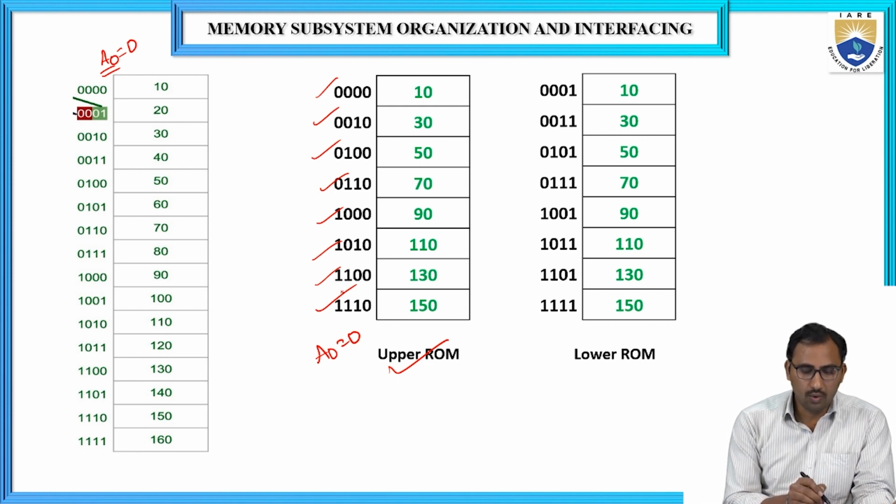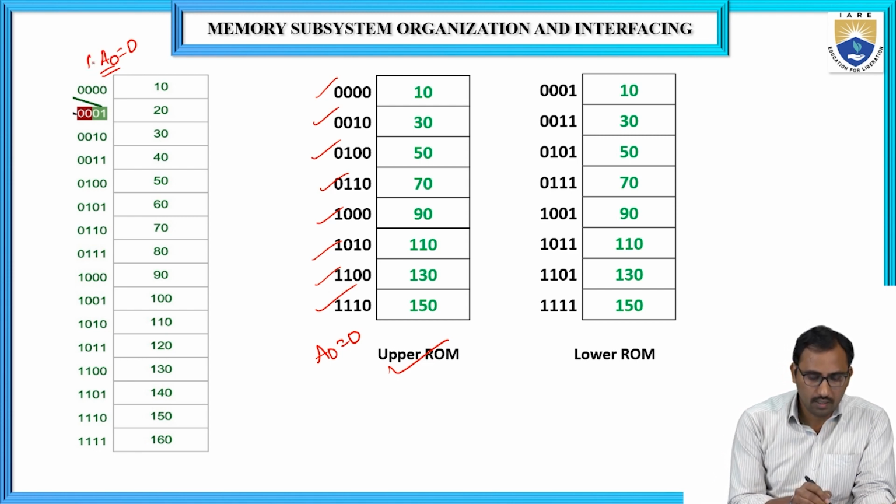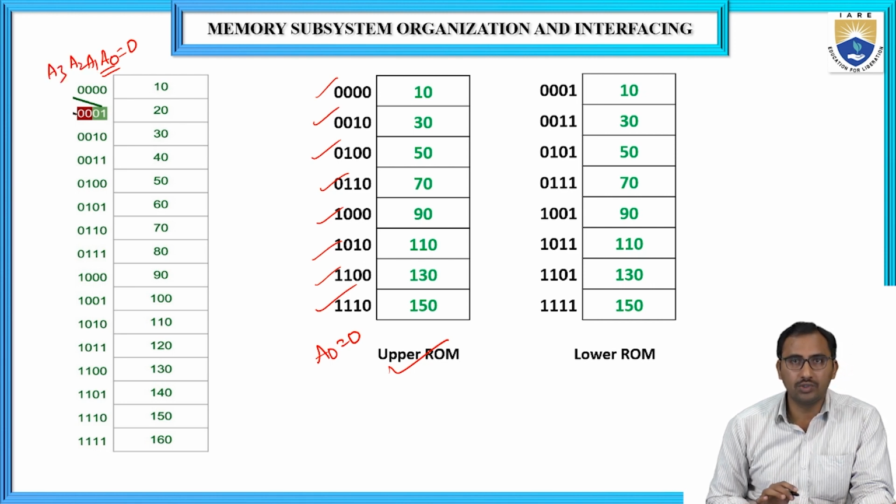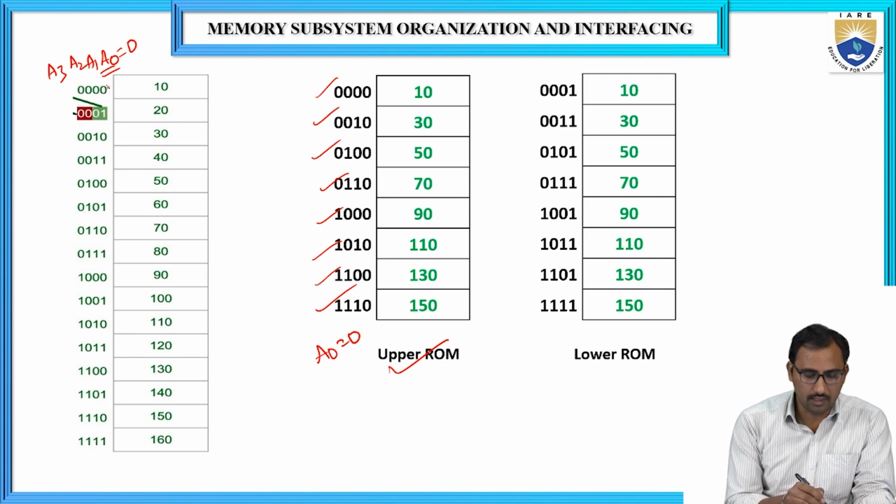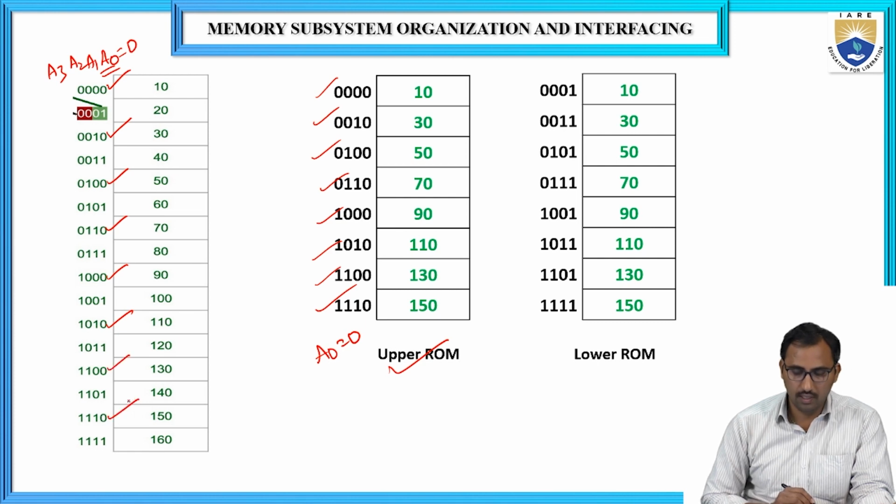Looking here at A0, A1, A2, A3, A0 equal to 0 means this is the 0 location, then the second, this one, and this one. So when A0 is equal to 0, the upper ROM contains the memory locations 0, 2, 4, 6, 8, 10, 12, 14.